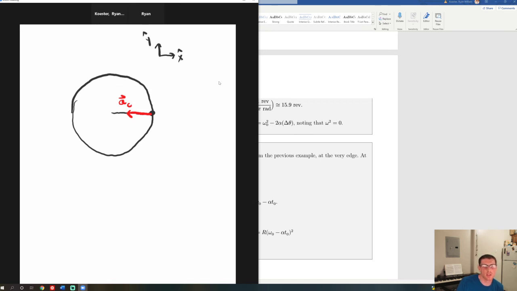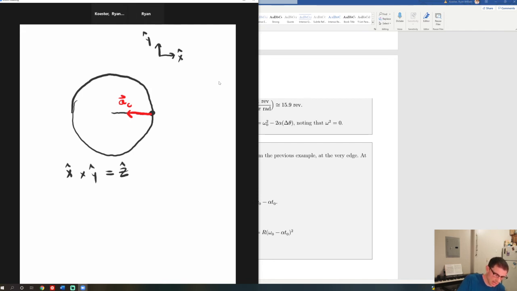And notice in this problem, the angular velocity vector would be pointing out of the screen, right at your face, because from the right-hand rule for the Cartesian axes in 3D, this is just a little math aside, we have to have that x hat cross y hat equals z hat, right?